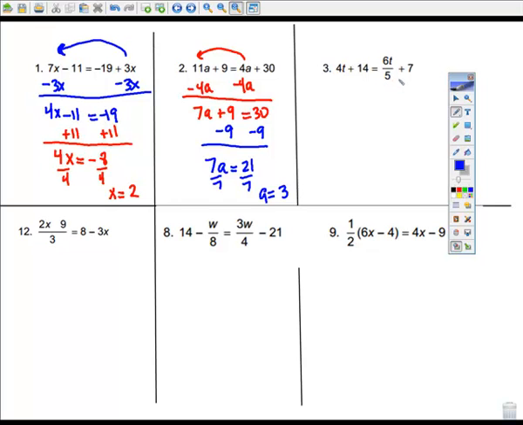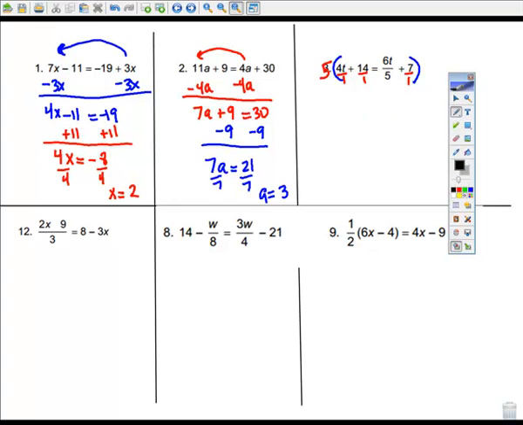This problem right here, I'm going to choose to eliminate my fraction first, just like we did the other day. So if you want to, you can put the denominator of 1 underneath all of these integer terms, and my common denominator is a 5.